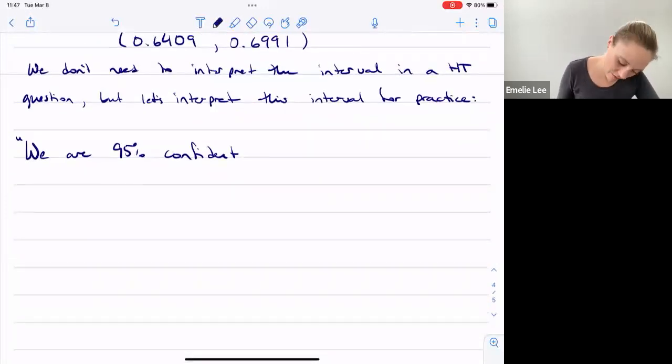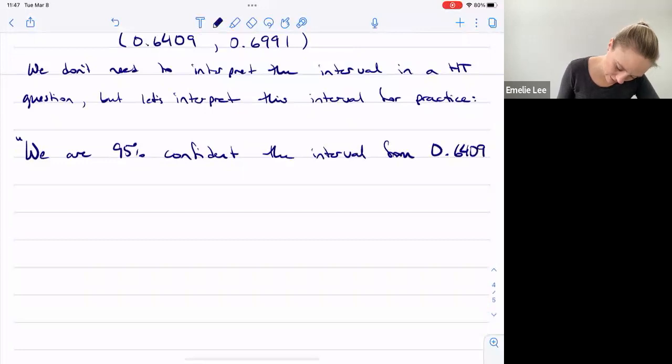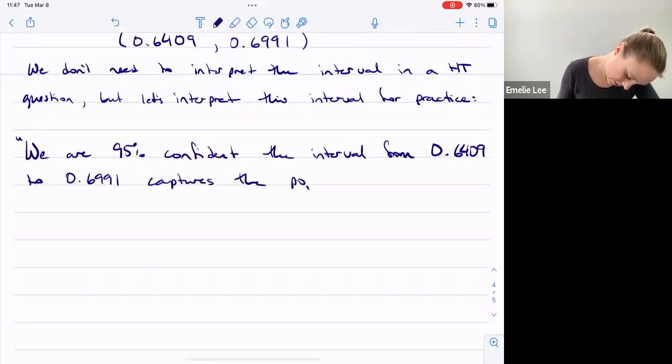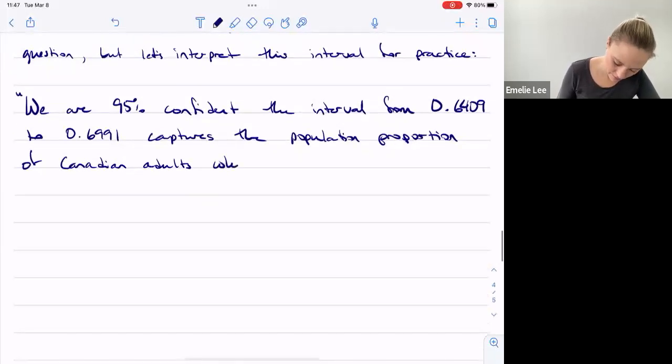So we're 95% confident the interval from 0.6409 to 0.6991 captures the population proportion of Canadian adults who have an RRSP in 2012.